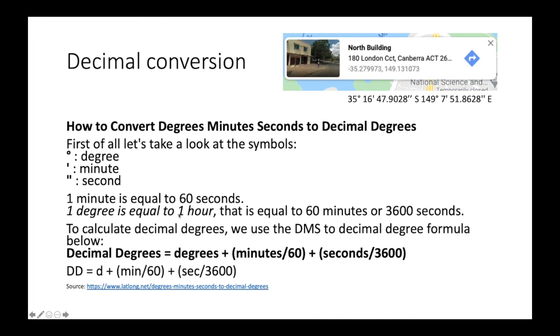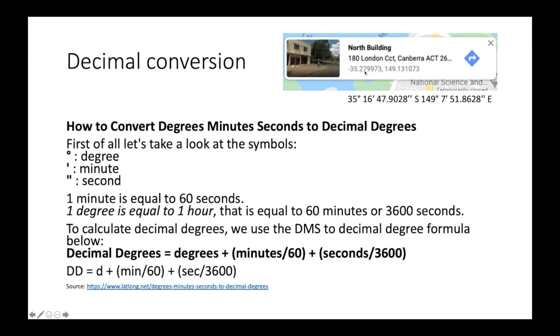Now this is the formula. I'm not asking you to actually remember this formula. It's okay. I just want to tell you how it happens. And it does this because mathematically, for those of you who are into maths, there's 60 minutes, but then there's 3,600 seconds. So that's the formula there, and that's how it's all worked out.